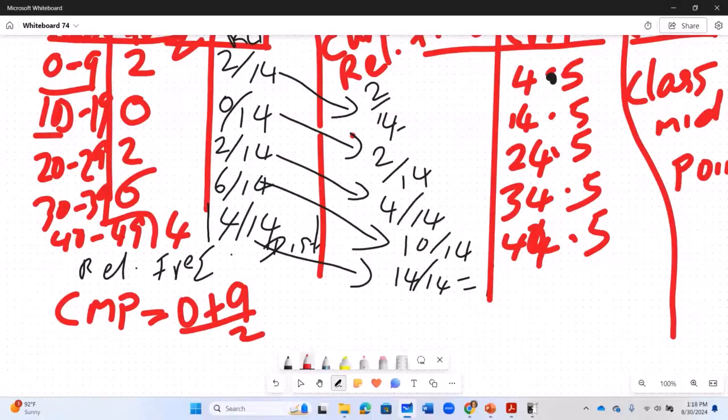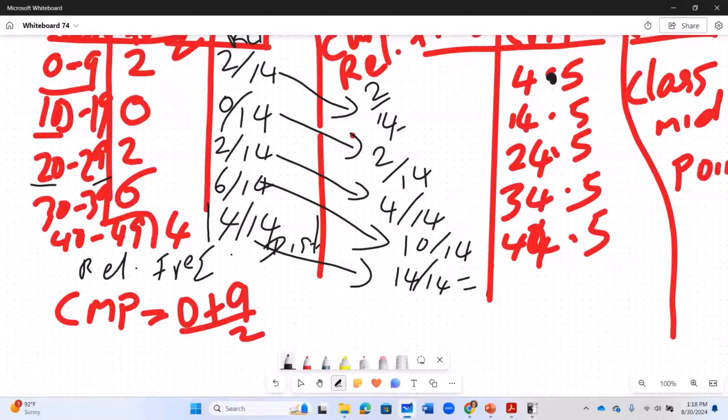The upper limit is 19. Looking at the third class, the lower limit is 20. The upper limit is 29. So remember, whenever you're looking for the lower limit of a class, it is the smaller number of the class.